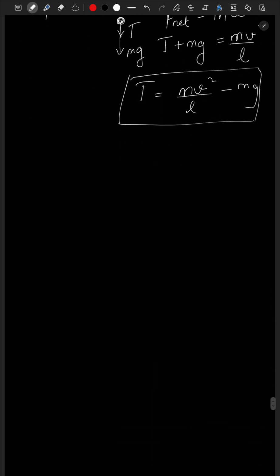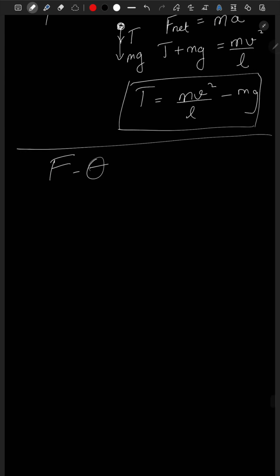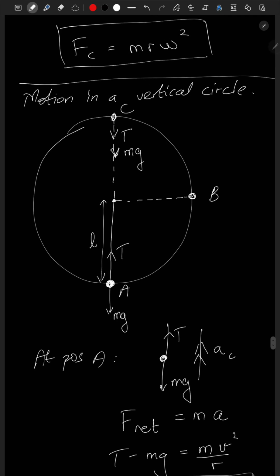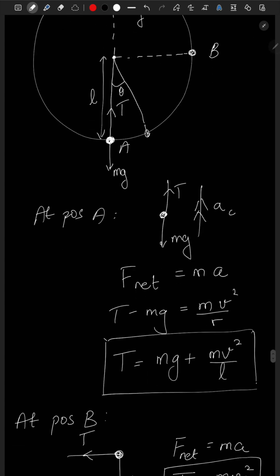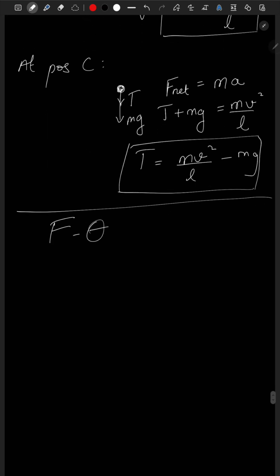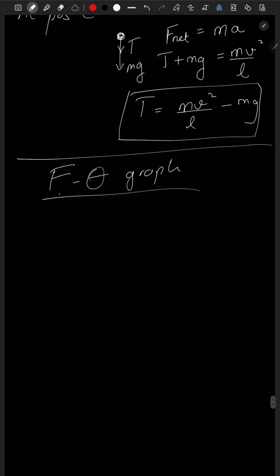So if we want to plot a graph of the force and the angle, where the angle is given by theta, as the mass is moving to the top, we can plot a graph of the force and the angular displacement.